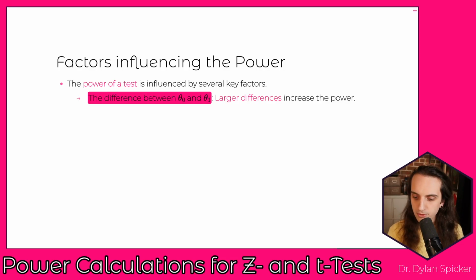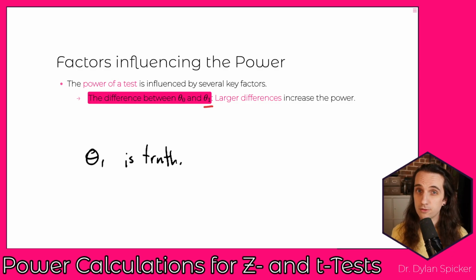Now, importantly, whenever we're thinking about theta 1 here, whenever we're thinking about this actual value, what we're really thinking about is that theta 1 should be the truth, right? So theta 1 is the truth. Whatever the truth is going to tell us the relevant power for us.